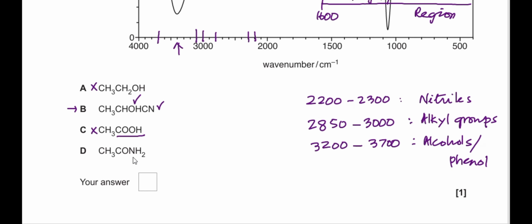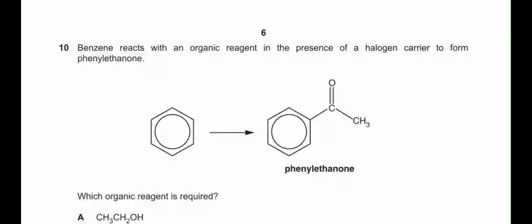Finally, CH3CONH2, so this CO group is not indicated again in our wave number, and therefore B should be the correct option. It contains alcohol group as well as the nitrile group, which are the prominent groups here along with the alkyl groups.